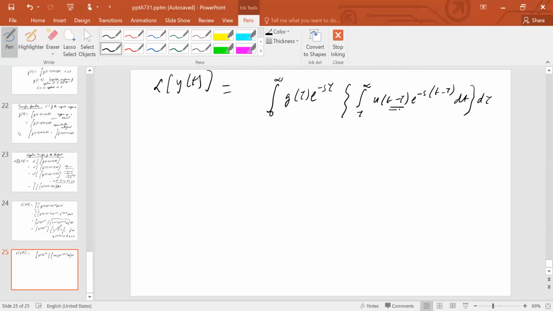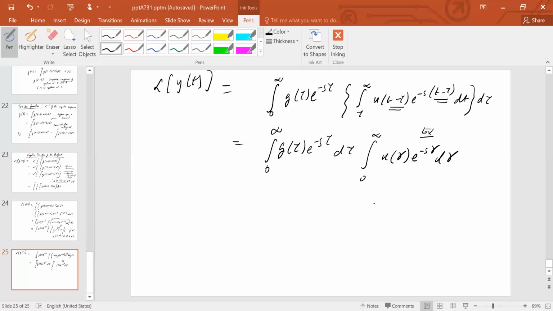Now we name t minus tau as a new variable, let's say beta or gamma or whatever you call it. And again, fill in the steps in between. This is an exercise. You'll eventually get the integration 0 to infinity g of tau e to the power minus s tau d tau times the integration 0 to infinity u of gamma e to the power minus s gamma d gamma.